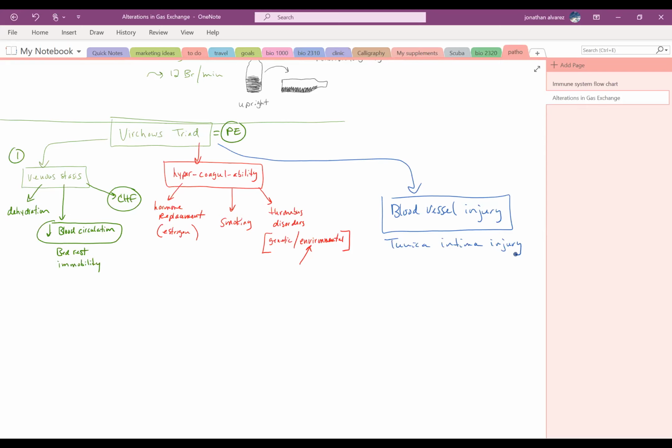So how can you hurt the tunica intima? Glad you asked. Trauma can cause it. Burns. Post-op, so post-operation. Catheters.